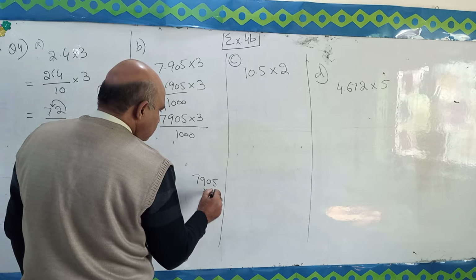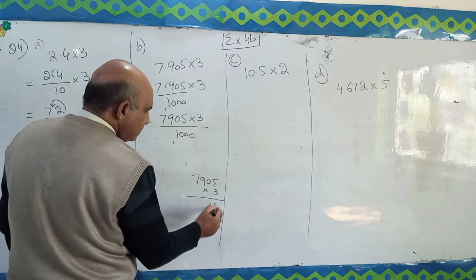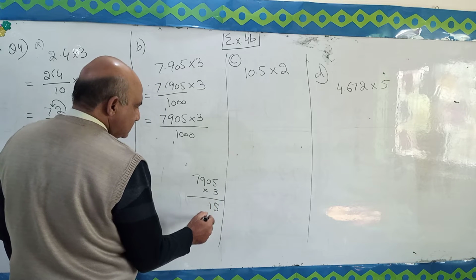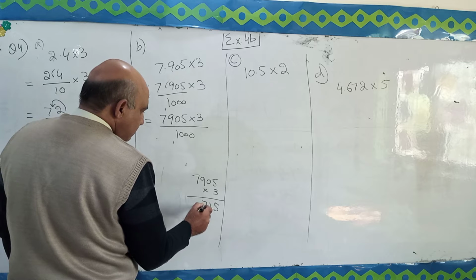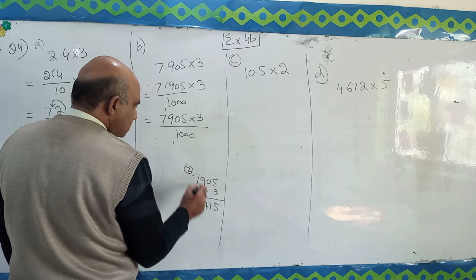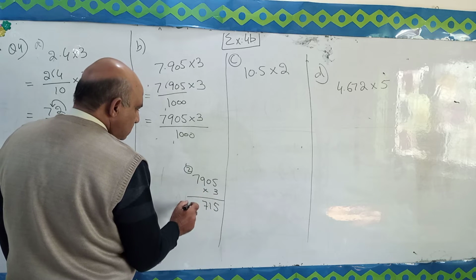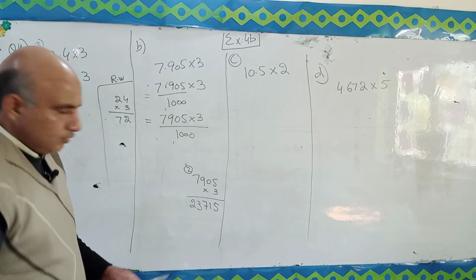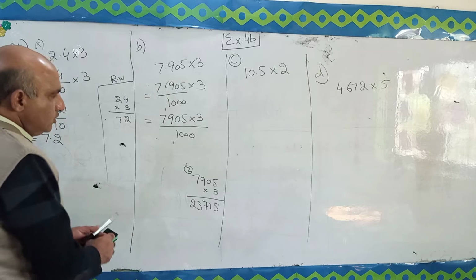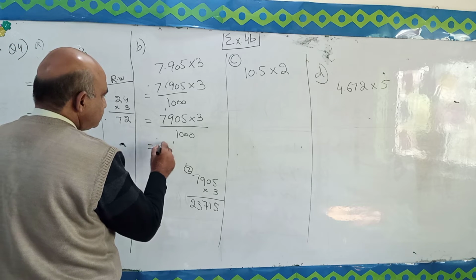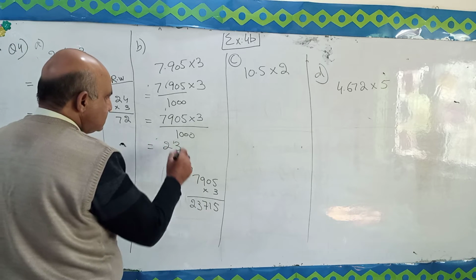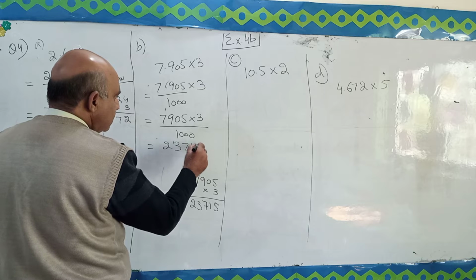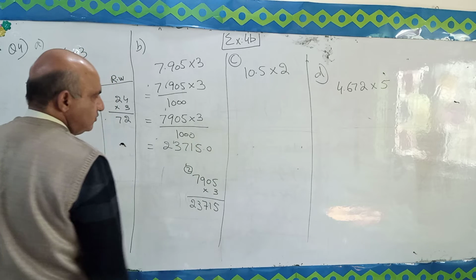So we write here 7905 into 3. 3 5s are 15, 3 9s are 27, carry 2, 3 7s are 21, 21 and 2, 23. So we have multiplied, 23715, so the decimal point is here, right?